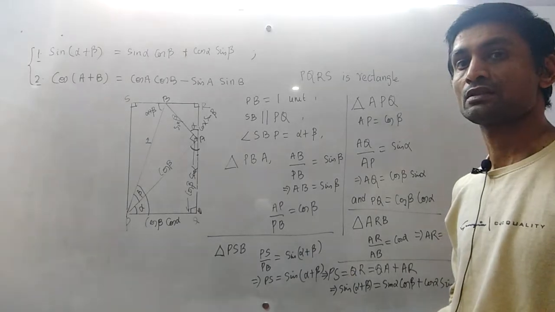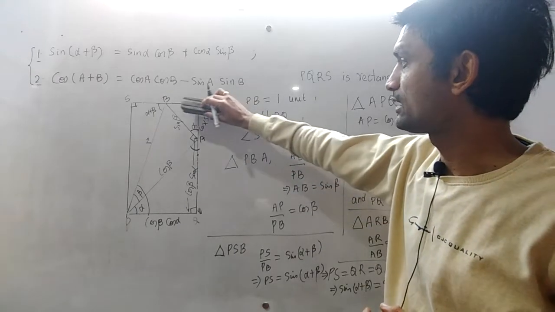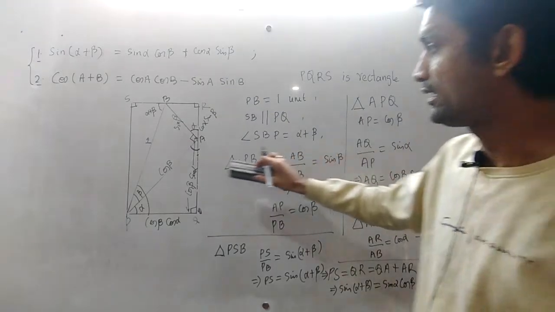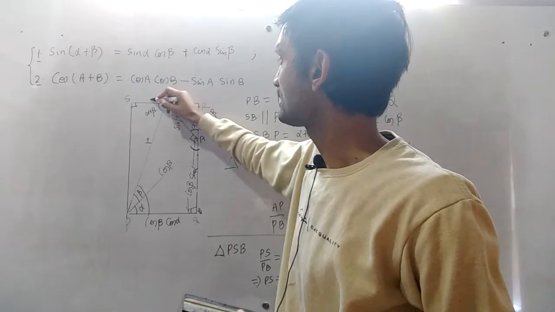Now we focus on cos alpha plus beta. Okay, so that much you have understood. This triangle is here and this length is here. So for cos alpha plus beta we need this length and this length.